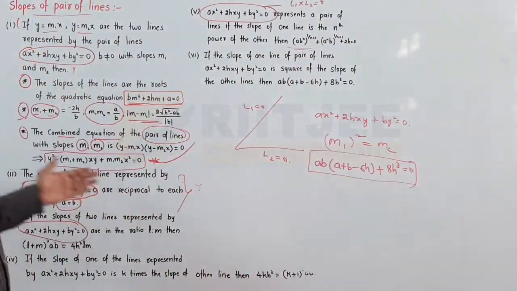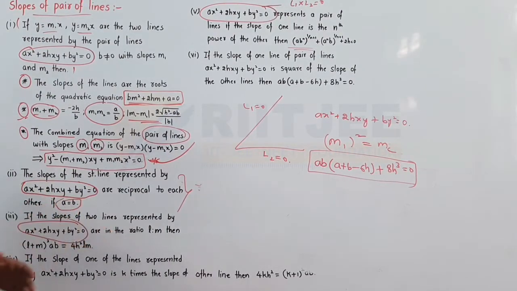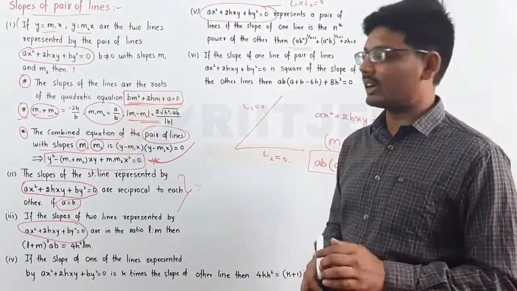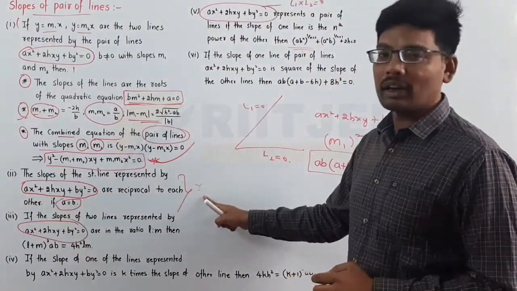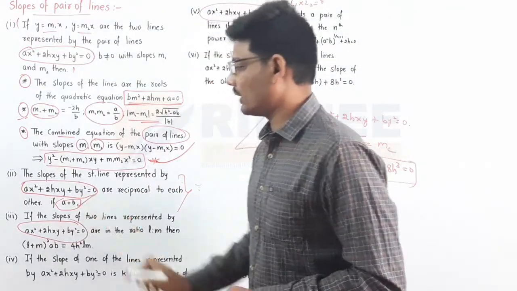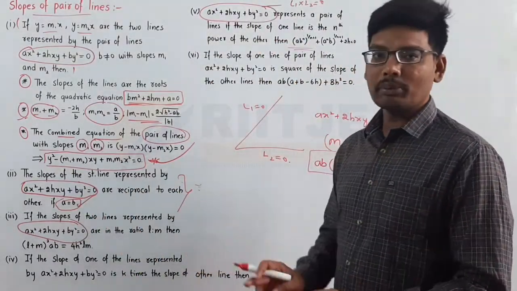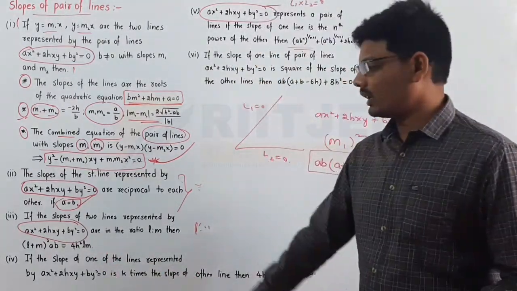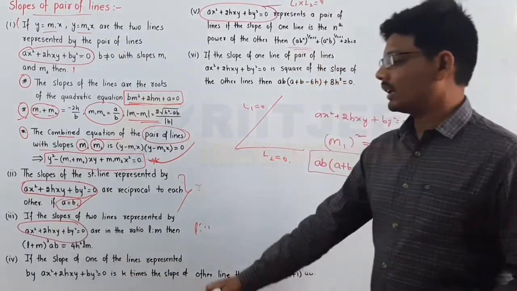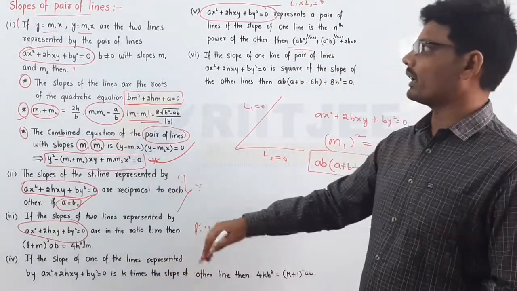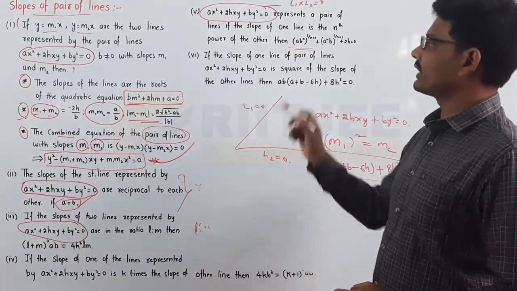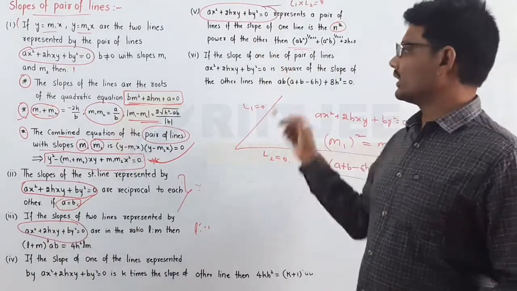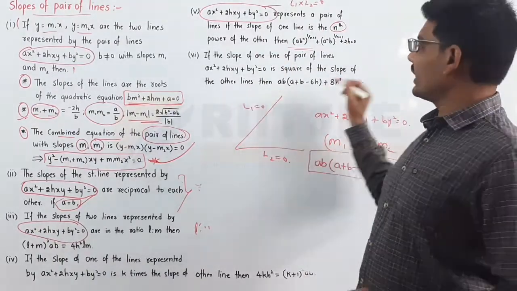Here we have several points. Second point too, we have the relation between slopes here. This is the topic related to slope of pair of straight lines. This is the point for reciprocal slopes, if the condition a is equal to b. If the slopes are in the ratio l is to m, then the condition will be this one, and this one is for if the slopes of the lines are in k times the other slope, and this is the condition for if the slope is nth power of the other slope, and this is for square of the other slope.